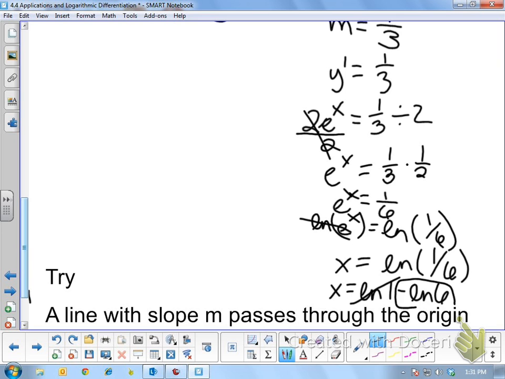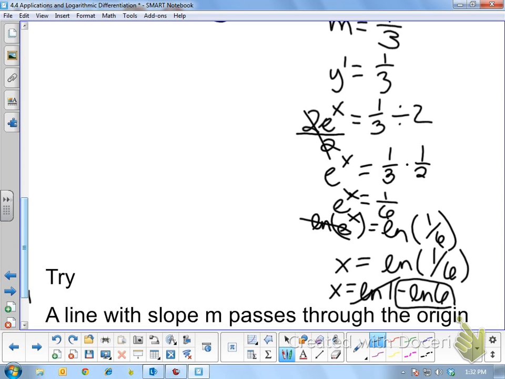Now that's a weird x to find, but they like leaving things in terms of natural log, or saying e to the 1/3 is your value. So we've got to think of values as more than just the counting numbers, 1, 2, 3, or fractions. Values can be natural logs now, they can be e to the 5. That's an actual value.